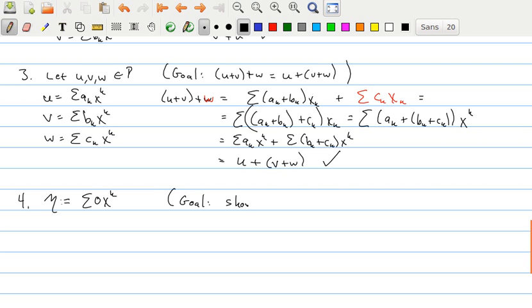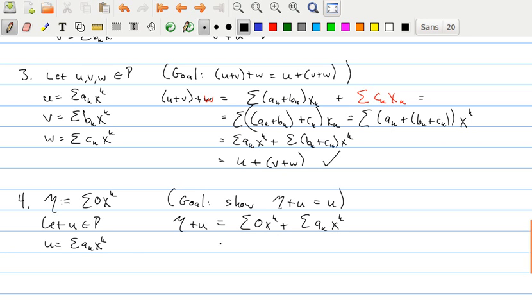And then the goal here is to show that if I take this and I add any polynomial u, it doesn't change. So let u be any polynomial. Then I know I can write it as the sum of some coefficients and powers of x. And if I take zeta plus u, well, this is the same thing as the sum of 0 x to the k plus the sum of ak x to the k.